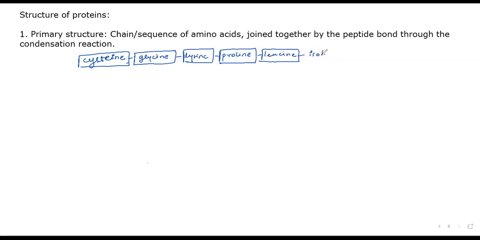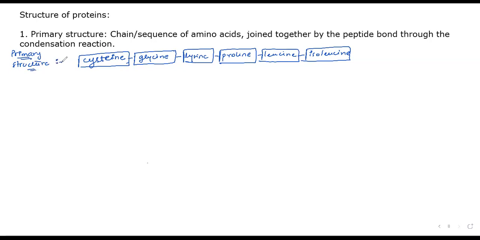But the point is that if I take these amino acids and I arrange them in the specific sequence as dictated by the DNA, and I join them by a peptide bond to give me a straight chain of amino acids, that will be known as the primary structure.